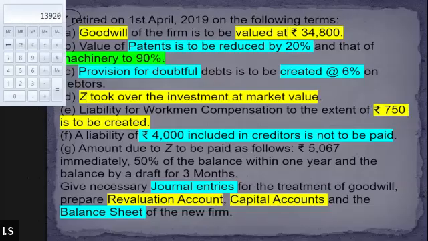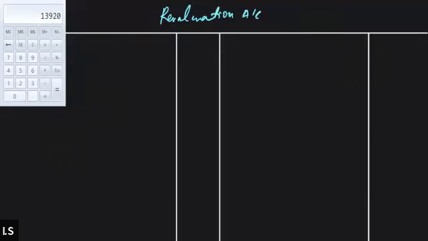That means 20% of 10,000 will be 2,000. So we will go to the revaluation account, and on the debit side, we will record the reduction in the value of patents, 2,000.